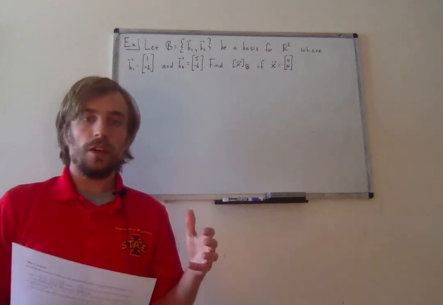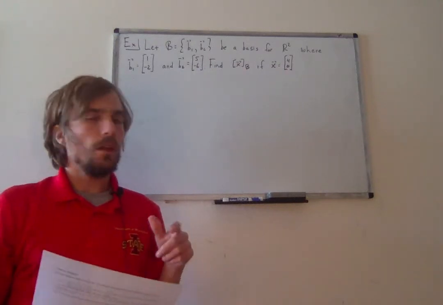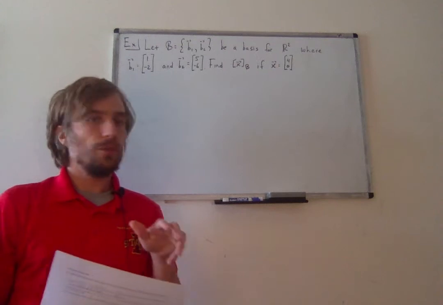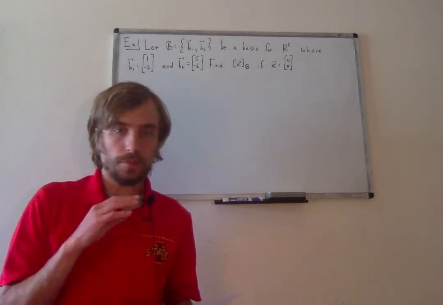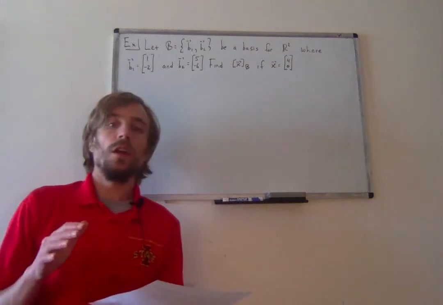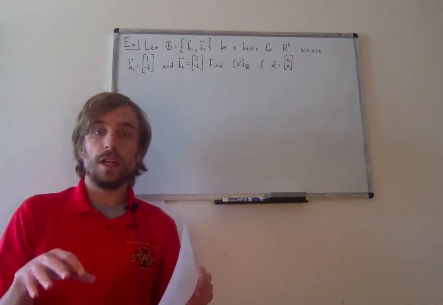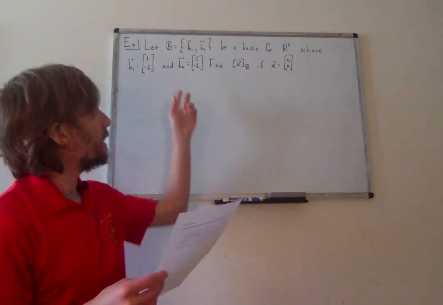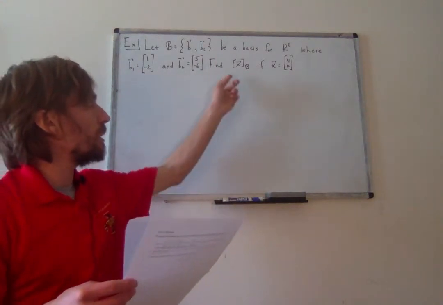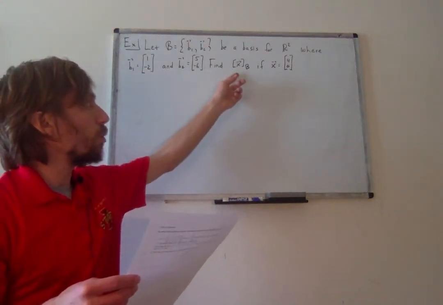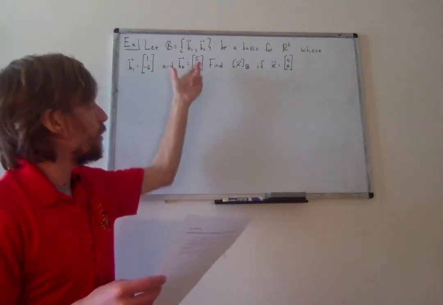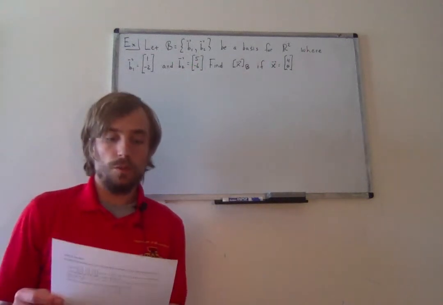I want to start now by first looking at what happens when we study this same idea but just restricted to Rn. We ended last time doing this, but I want to start with this example where we calculate this coordinate vector for a vector in R2, given a basis in R2.